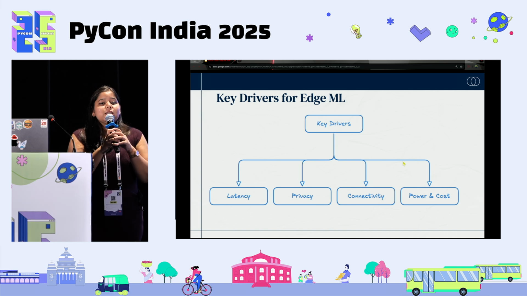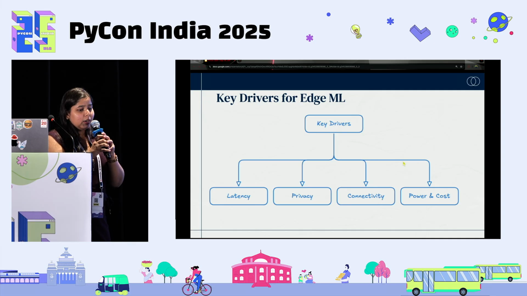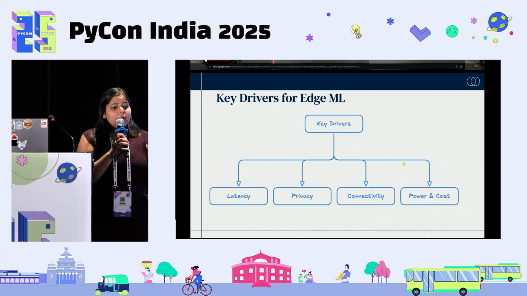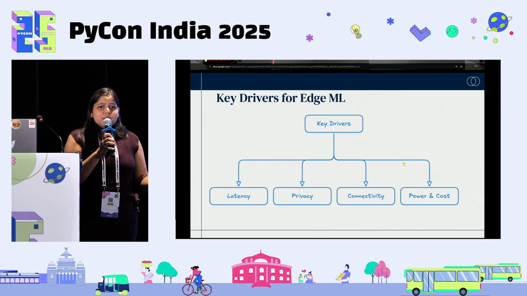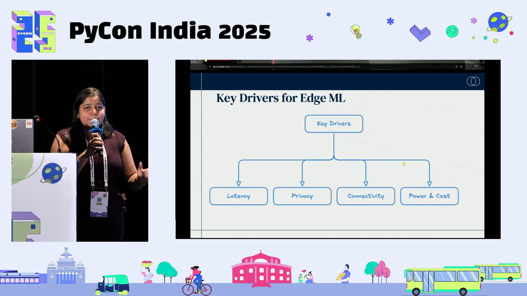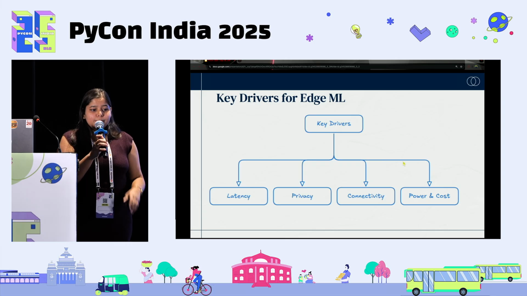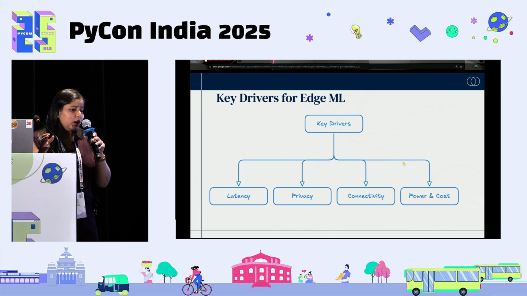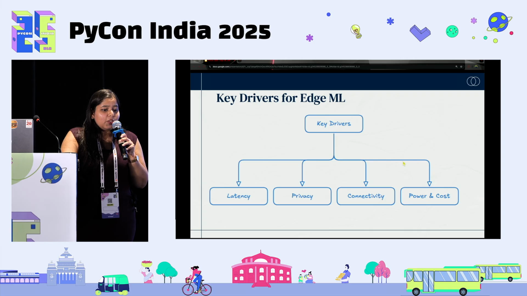Now let's look at some of the key drivers of Edge ML. First one is latency. It provides a real-time response, with no round trip, and as our data never leaves the device, there is no slowness. The second one is privacy. It keeps the data local, reducing the chances of leaks. The third one is connectivity.